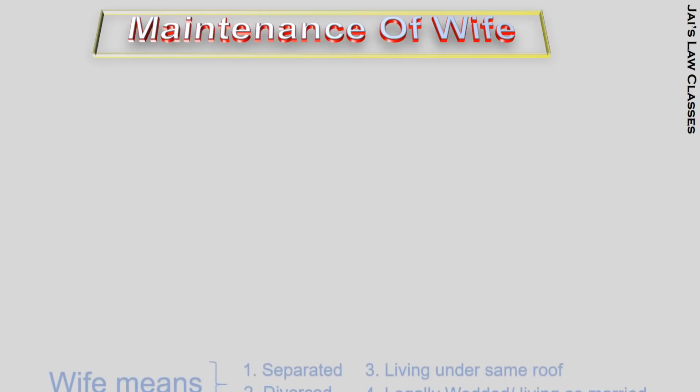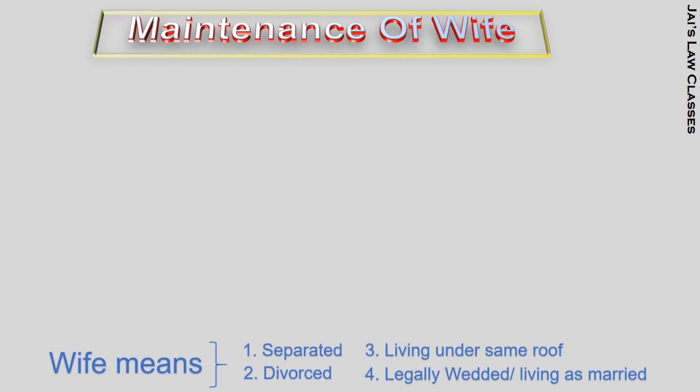Let's first check maintenance of wife. A wife in legal terms means, number 1, separated by law. Number 2, divorced. Number 3, living under the same roof. Number 4, definitely a legally wedded person, or even living as married, that is a live-in relationship.